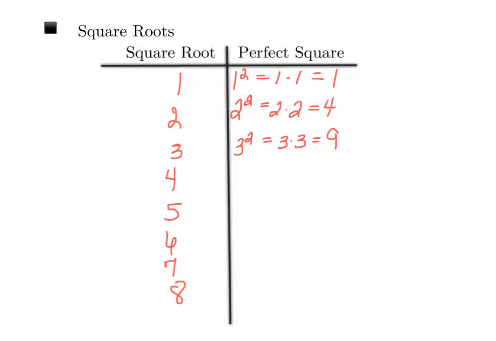For 4, 4 squared equals 4 times 4 is 16. Now, if it's not on this list on the right, it is not a perfect square. So 10, not a perfect square. 12, not a perfect square. Both of those are square roots, but they are not perfect squares.